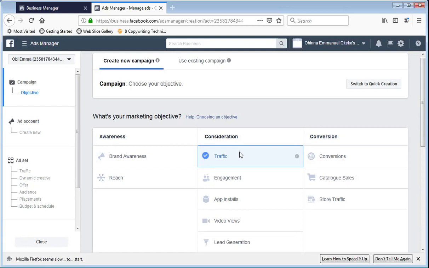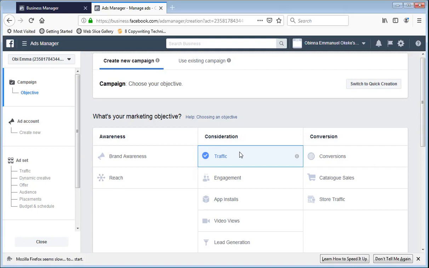For example, you want to take people to your squeeze page, your landing page, where probably you want them to sign up for a particular thing, maybe a webinar, maybe you are selling an information product, or even a physical product, but you are taking them through a funnel. You want to get their data, their name, their email address. You can decide to run a traffic objective.